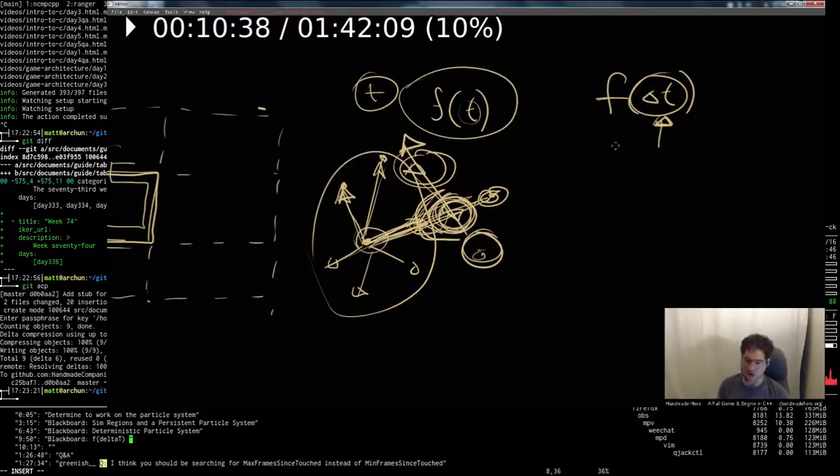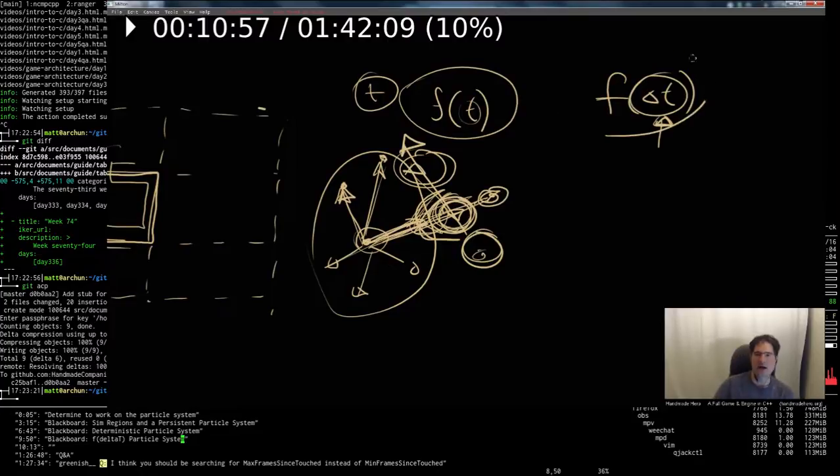So a traditional physics update step for the particle systems. This is how particle systems are often done. This is probably the more common way, in fact, that they're done. F of t is probably less common, where you're just being able to dial a particle system in entirely from just a single time value.